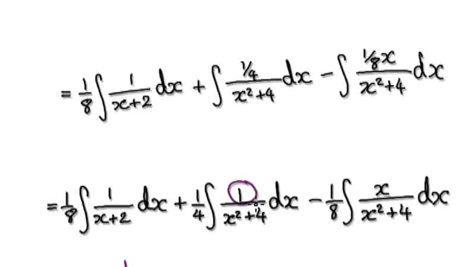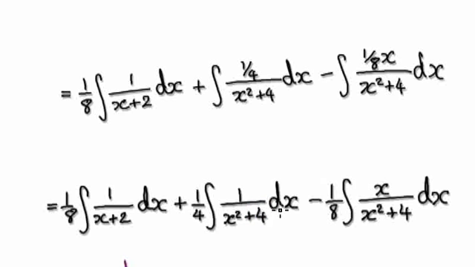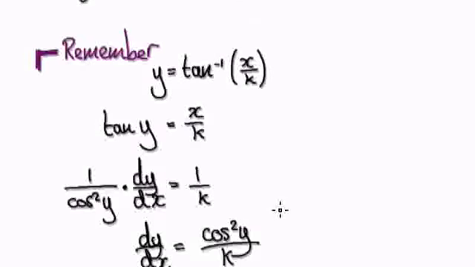This one here, there is no x here. But the thing is, remember that when you differentiate inverse tan of x, it would then give you 1 over x squared plus 1. But then here you've got a 4 here. So to create that 4, remember, hang on, we've done this before.